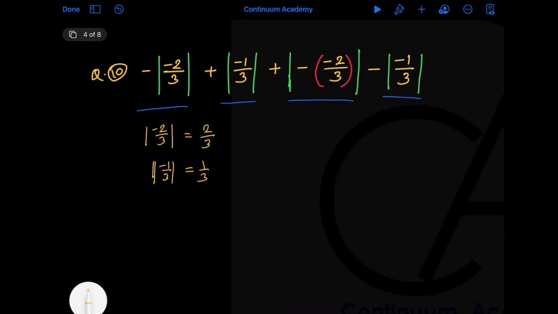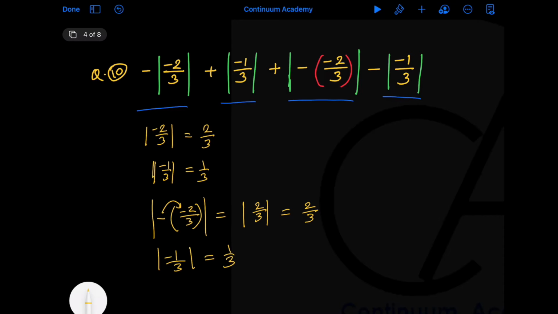Then mod of -(-2/3). First of all, multiply this minus and minus. What will you get? Plus 2/3. Mod of 2/3. So the answer will be 2/3. Next, mod of minus 1 by 3 will be 1 by 3.